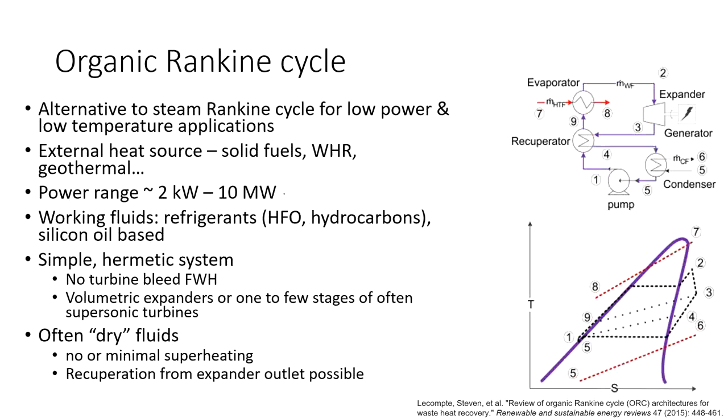The power range of these systems goes basically from really micro systems of, let's say, some domestic size around 2 kilowatts up to 10 megawatts, where the largest systems are used in typically geothermal applications.